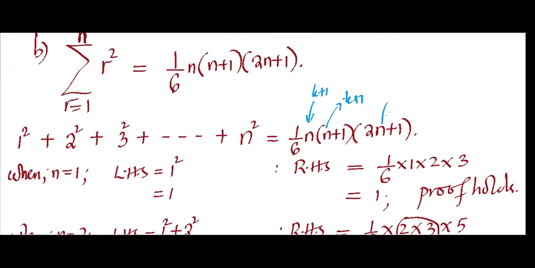So this will be k plus 1 plus that 1, which is k plus 2. Then 2 into k plus 1 is 2k plus 2, plus that 1, which becomes 3 there. You get it?